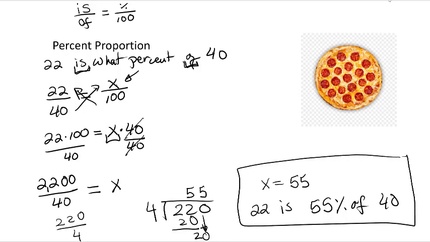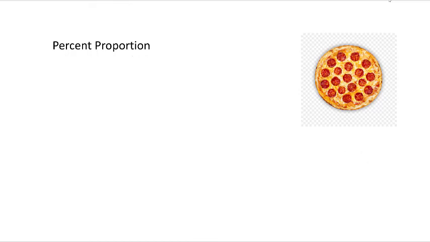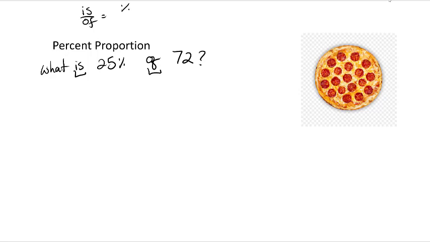So now let's word our problems a little bit differently, and let's see how we work with slightly different problems. For instance, we can ask, what is 25% of 72? Again, we have the is and the of. Remember, the ratio of is to of equals the percentage in number divided by 100.